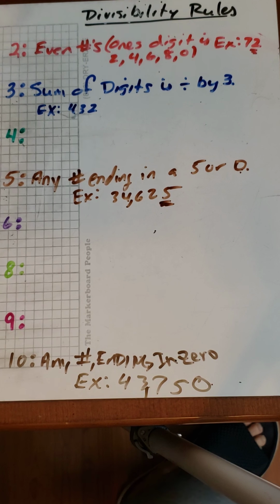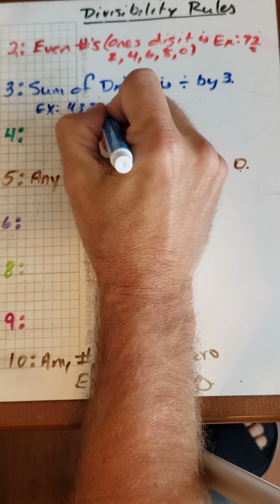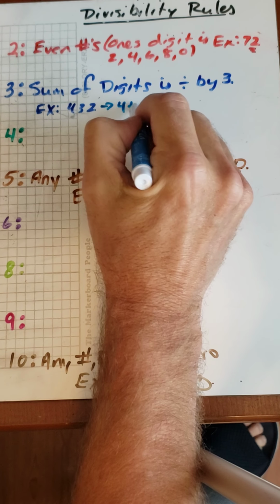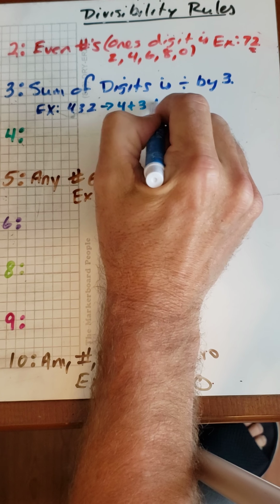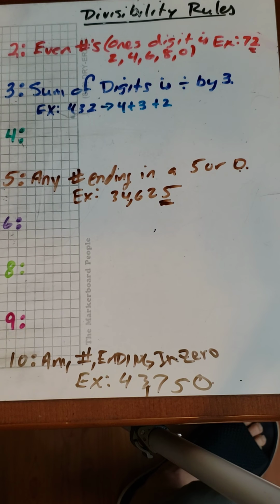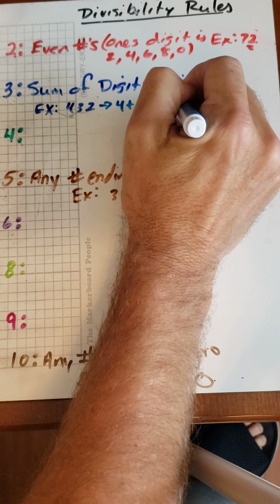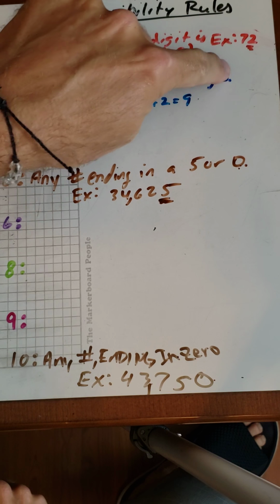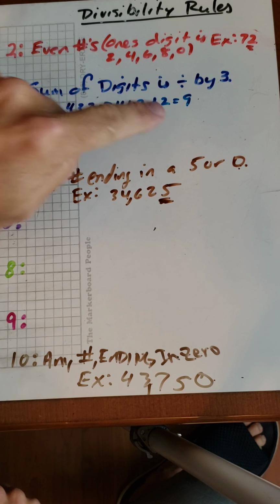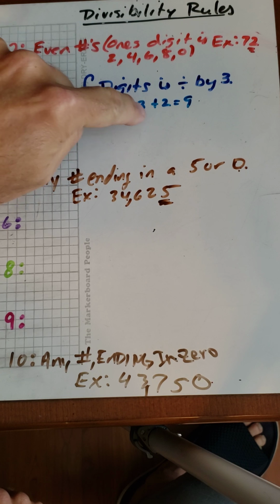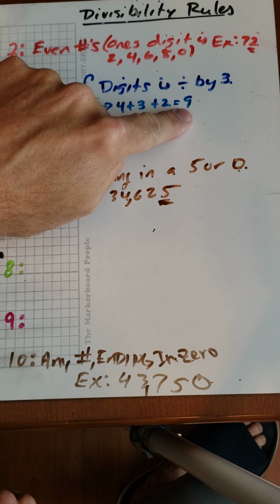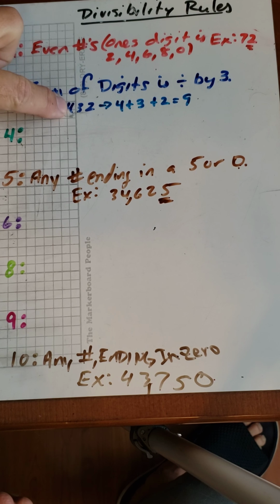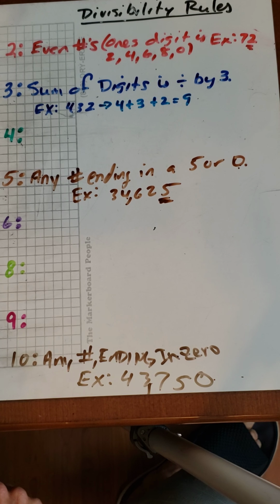If I add these digits together, 4 plus 3 plus 2, they equal 9. And 9 is divisible by 3. Since that sum is divisible by 3, then 432 is divisible by 3.